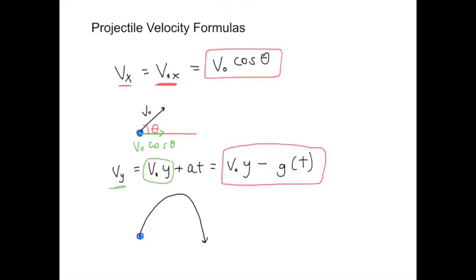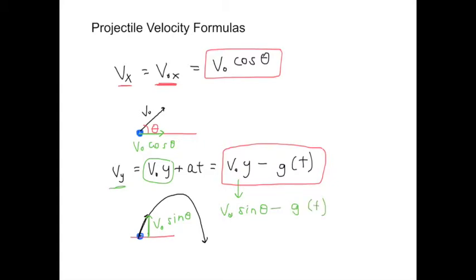So the v initial in the y direction, using the same object taking off at an angle from the ground, is going to be v initial times the sine of the angle because it's a vertical quantity. So now we get that the final velocity of an object will be the initial y velocity, so again that's v initial sine theta, minus gravity, the acceleration, times the time in flight.